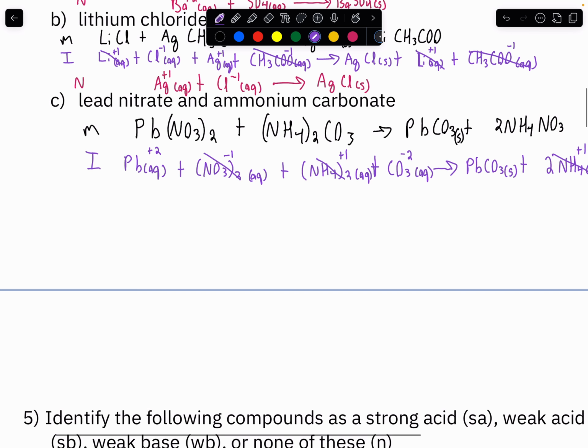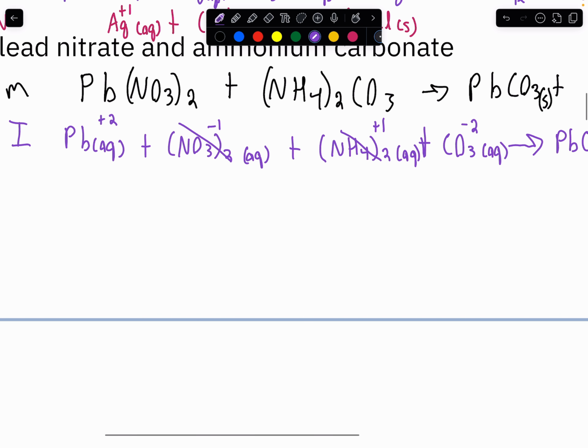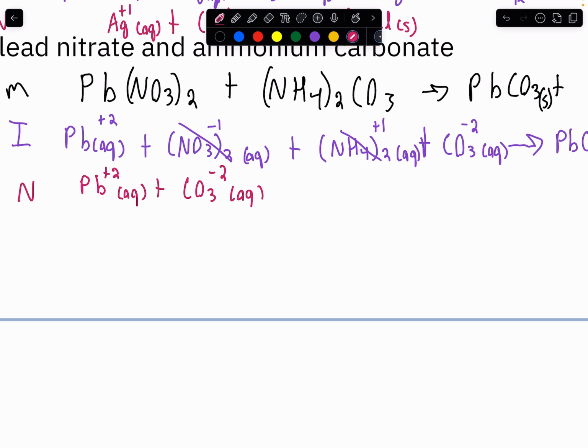And again, for the sake of consistency, in this case it actually has the lead in front. So it's going to be Pb +2 aqueous plus our CO3 -2 aqueous goes to our lead carbonate solid.